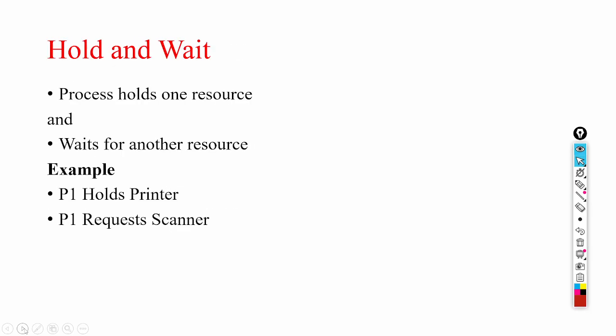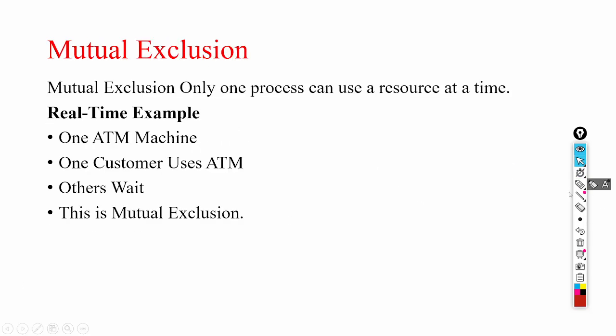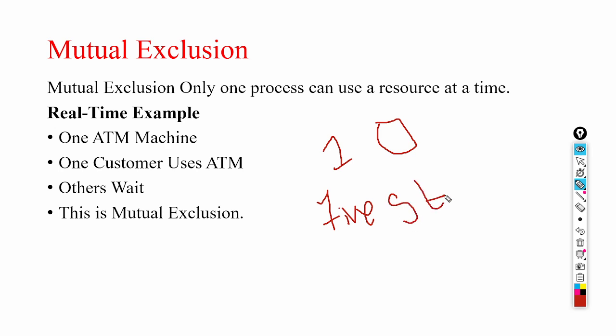For mutual exclusion, I will give one more example. Suppose a college has only one printer. Five students want to print some assignments through this one printer.